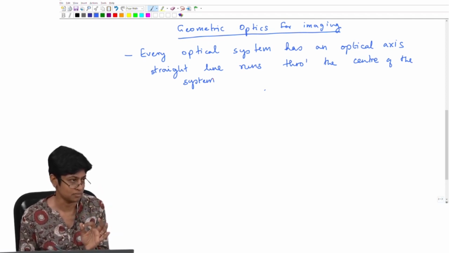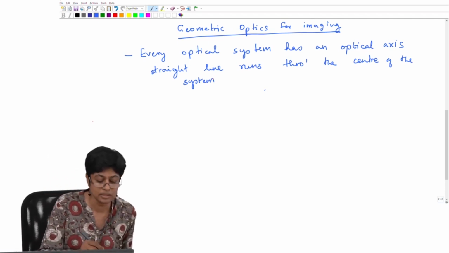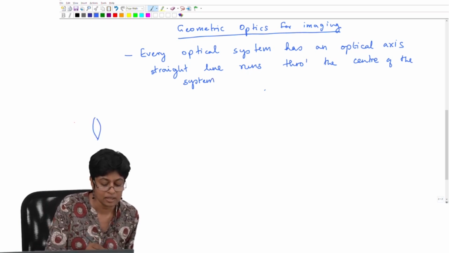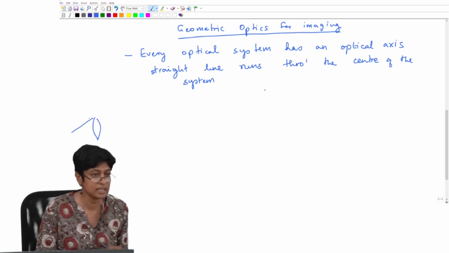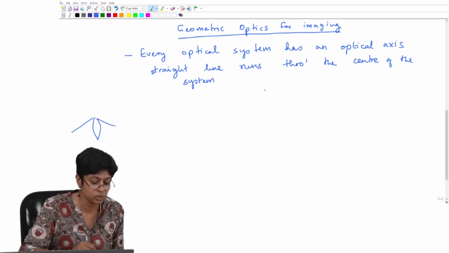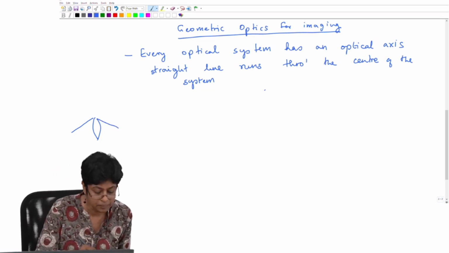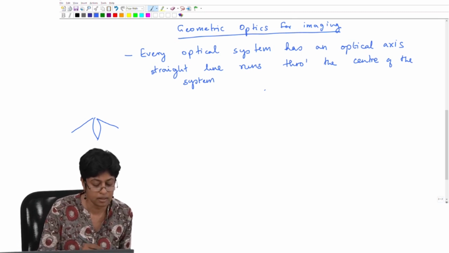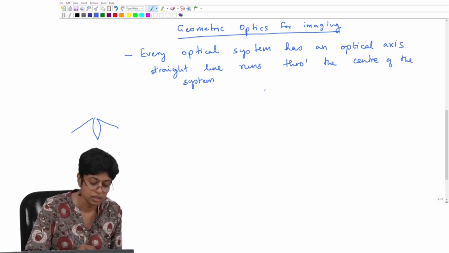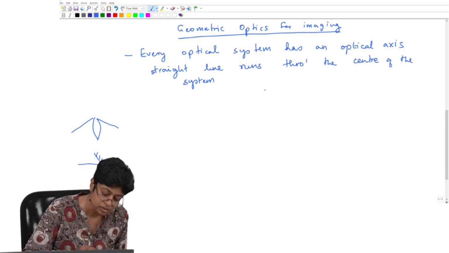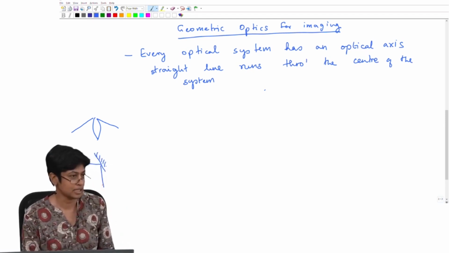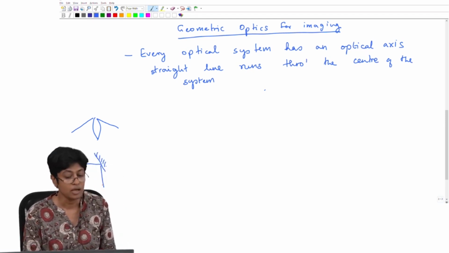system. Okay. So if you consider a lens, and if I had a ray that was traveling like this, you know the lens is going to bend the ray. Right? If I have a mirror and I had a ray traveling like this, you know that it's going to travel in some angle.